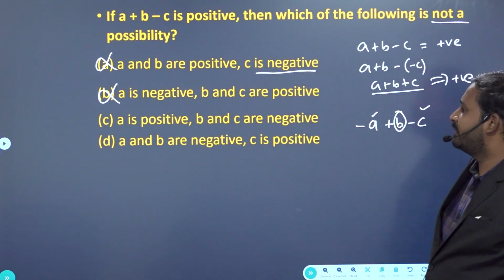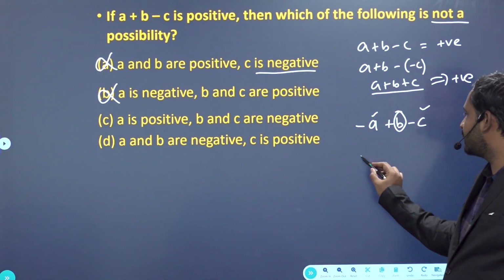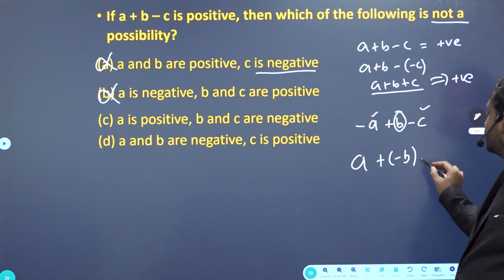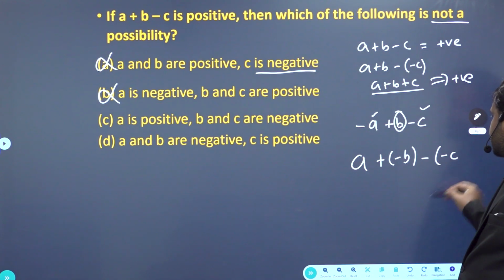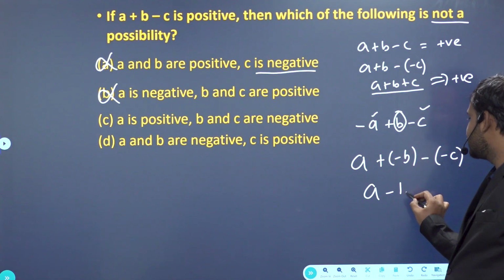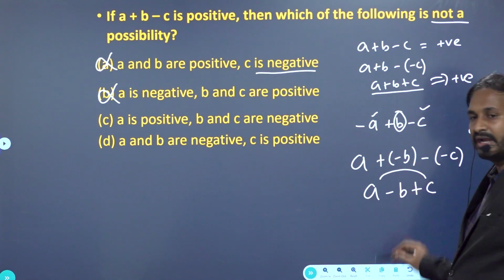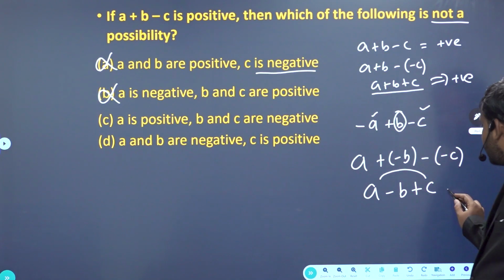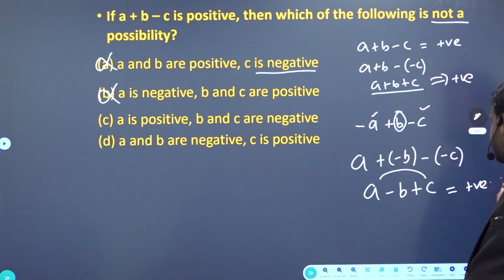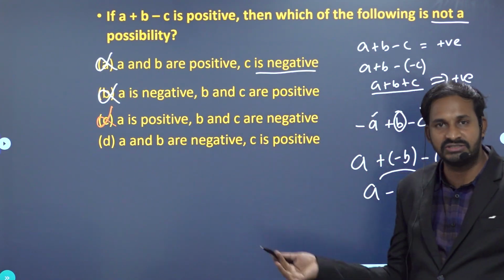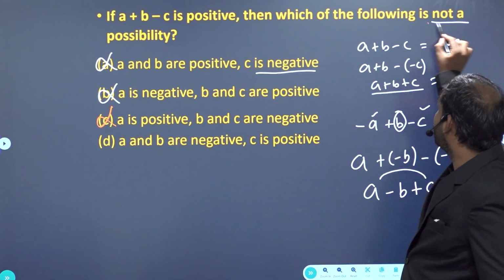A is positive, B and C are negatives. That means it becomes A plus minus B minus C. Now see here. A minus B plus C it will become. If A plus C is greater than minus B, then our output will be positive only. So this one is also not our answer. Actually there is a possibility, but that is not our answer. We want the not-possible one.